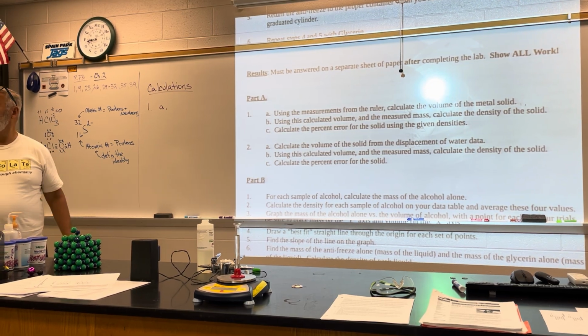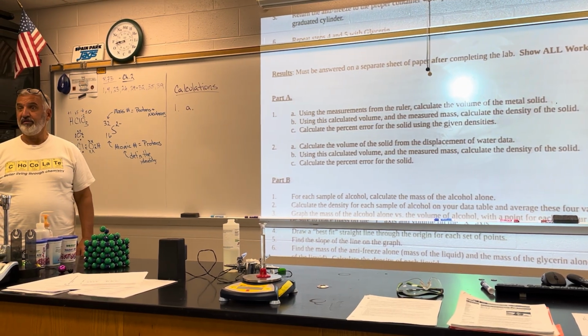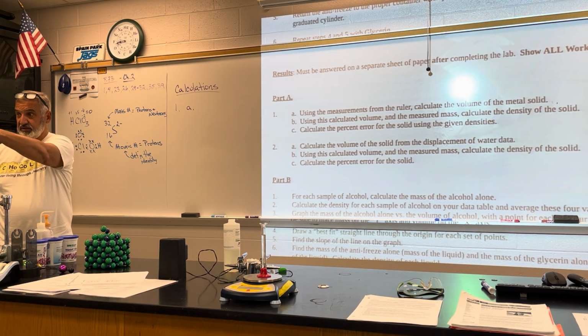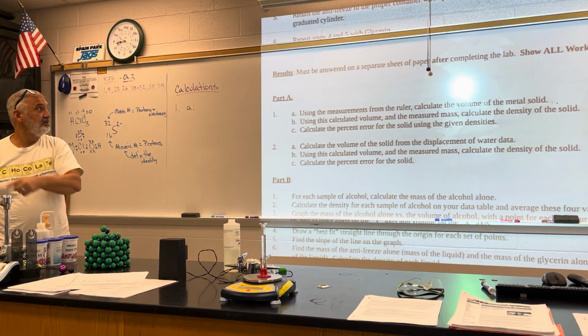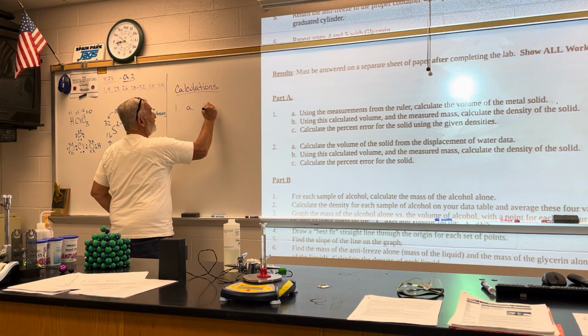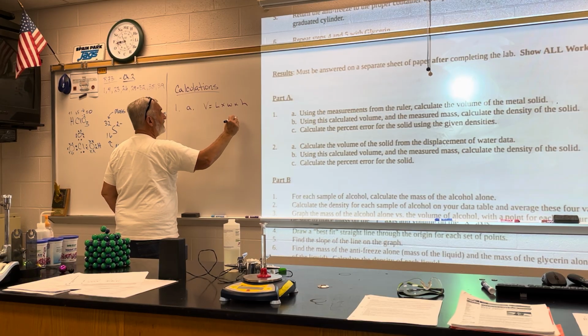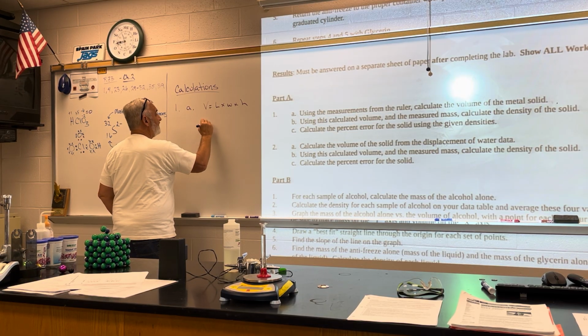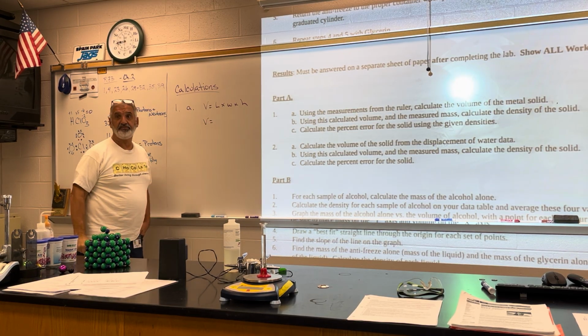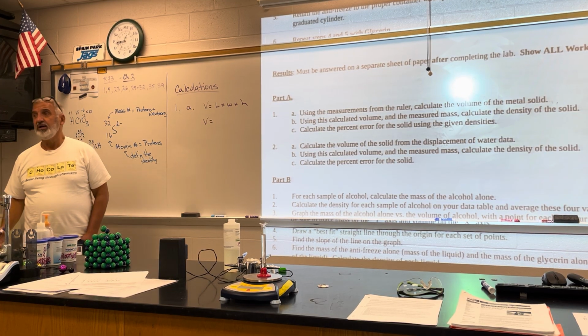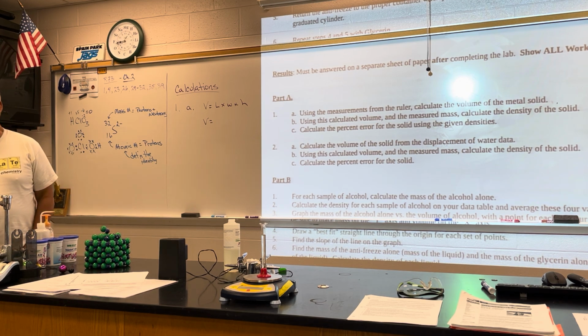What's the formula for the volume of our metal cylinder? Say that again, Joe. So the volume is going to equal length times width times height. Okay? So go ahead and just say the volume and then put your numbers in. Most of y'all got 5 times 5 point something. Now, again, how many decimal places should we have on our measurements?